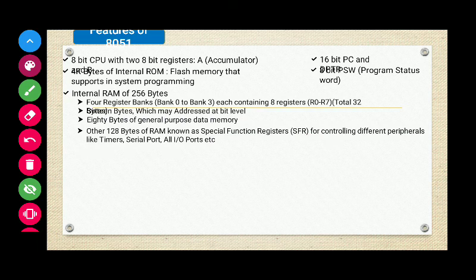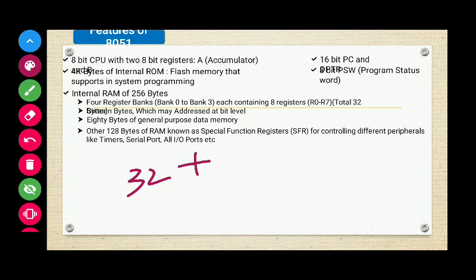So basically this is the bifurcation of the 256 bytes internal RAM, among which 32 bytes are used for the 4 register banks, each register bank having 8 bytes, so 8 multiplied by 4, 32 bytes.